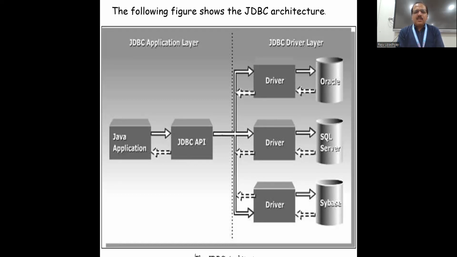This JDBC driver layer contains a driver, right? As I said, each different database has a different driver, such as the SQL Server driver for SQL Server, and the Oracle driver for Oracle, which enables connectivity to a database from the Java application.